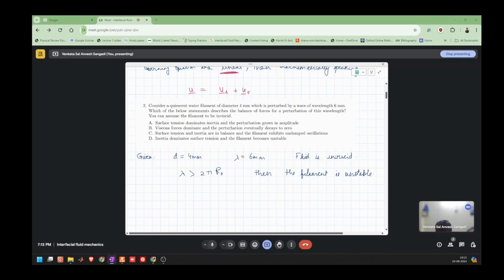So this implies 2 pi times 2, which equals 12.566 mm, and we know lambda is 6 mm.